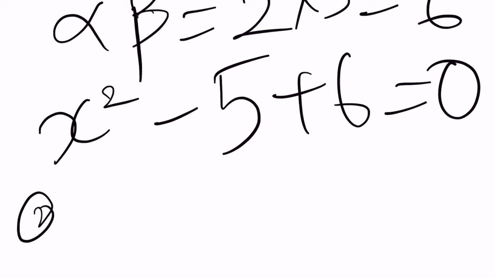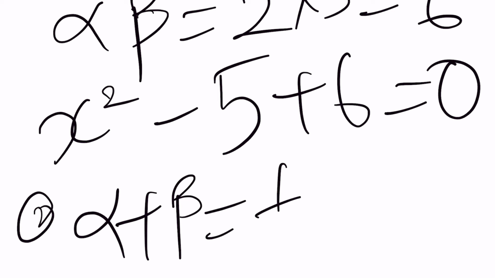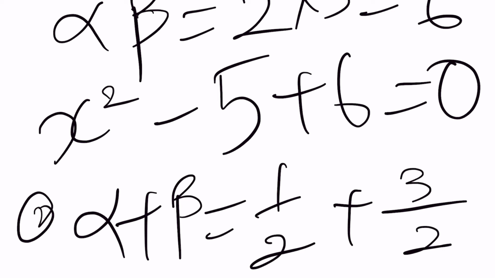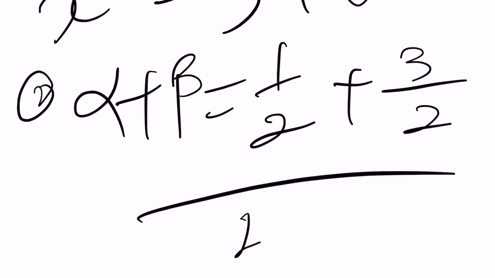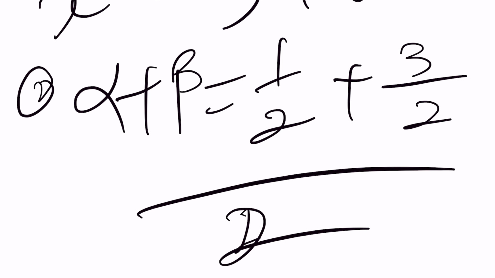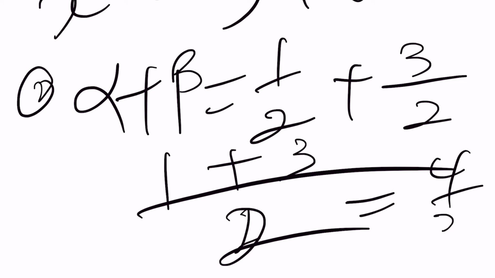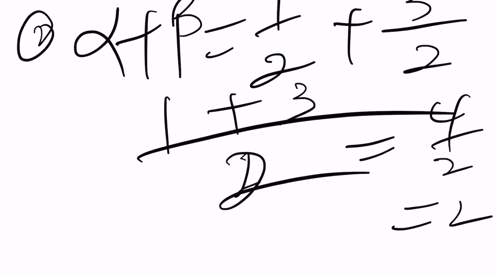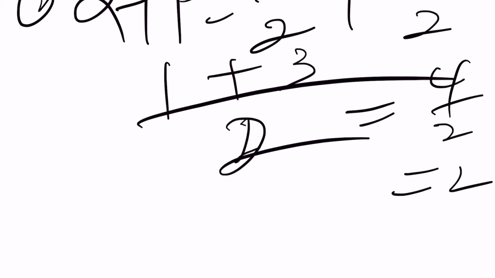For the second one, we have 1 over 2 and 3 over 2. So our alpha plus beta is 2.